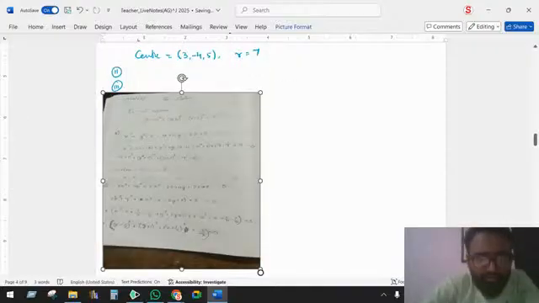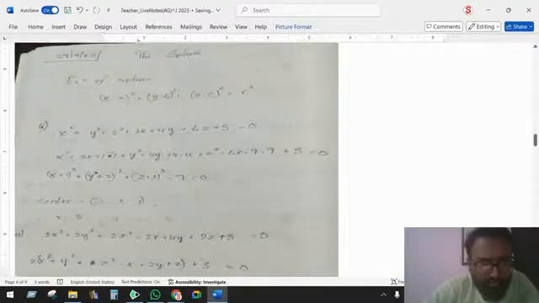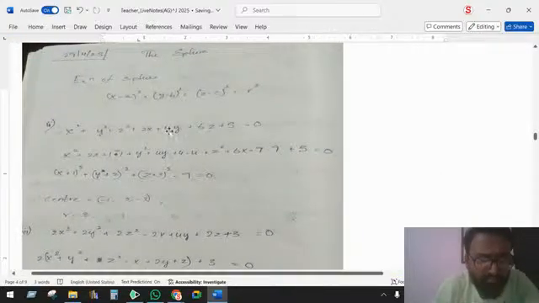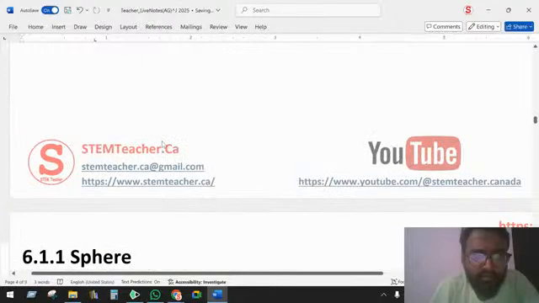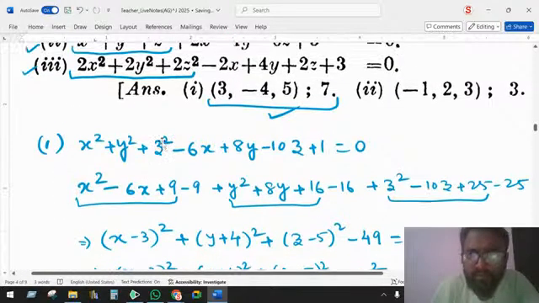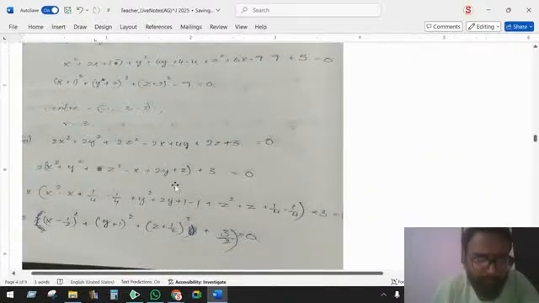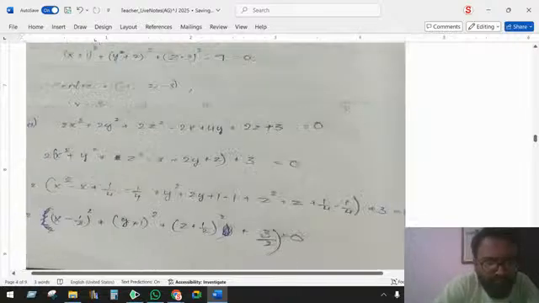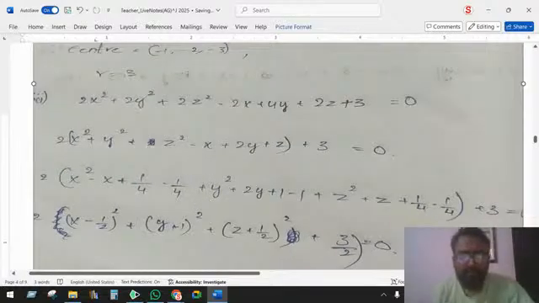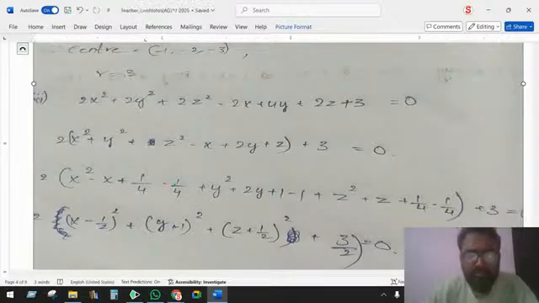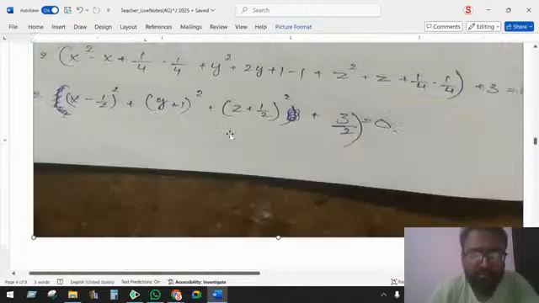Okay. What is the first problem? You got -1, -2, -3. But the solution is saying that it is -1, 2, 3. How did you do this? It is minus plus plus.